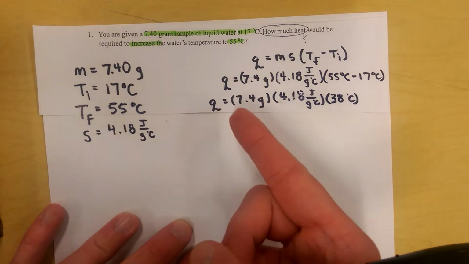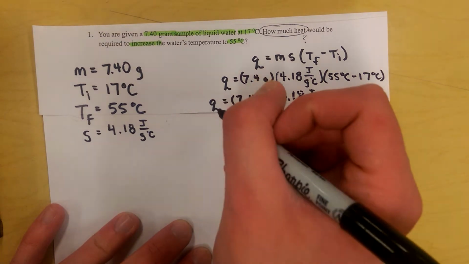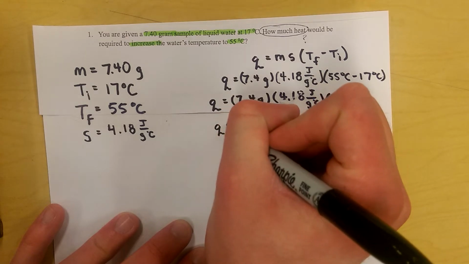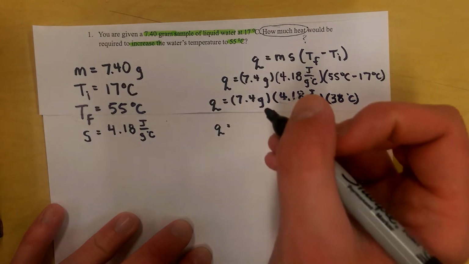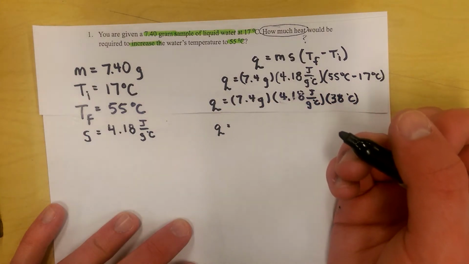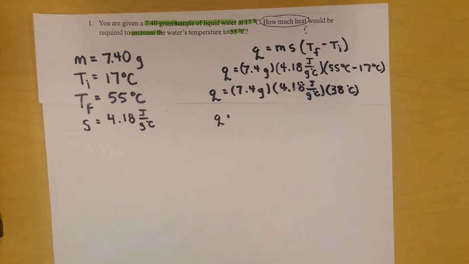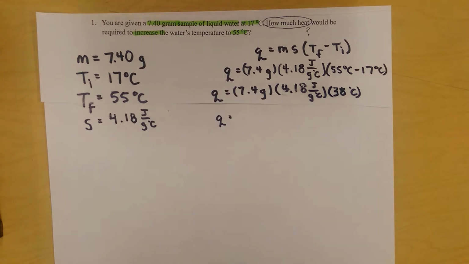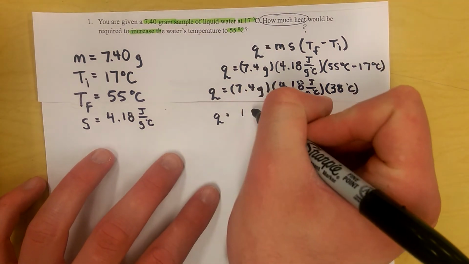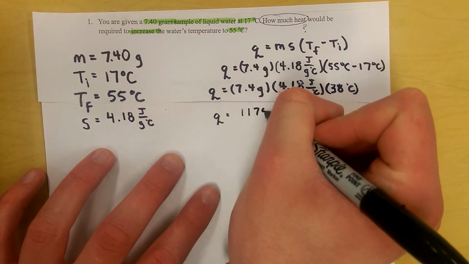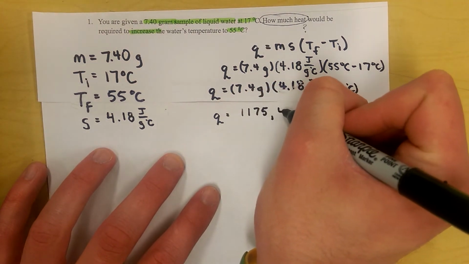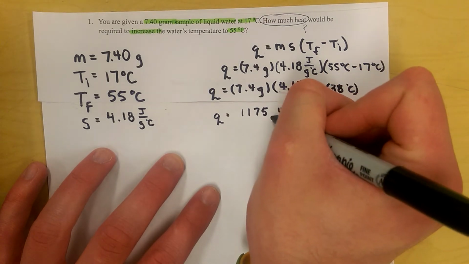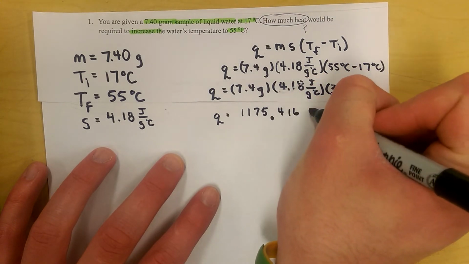So now we can take all of these numbers, and the problem says we're going to multiply them all together, which means that my Q value should be pretty close to an answer of 1,175.416 joules.